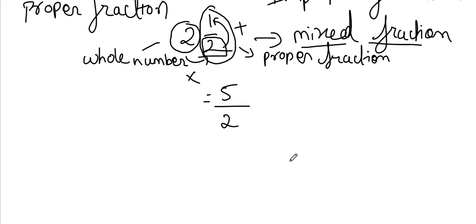So the denominator in the mixed fraction is also 2, so when you convert it into an improper fraction, your denominator will be 2. I repeat again, 2 into 2 is 4, 4 plus 1 is 5. So that's 5 upon 2. Now if you see, the numerator is bigger than the denominator, so it is called an improper fraction.